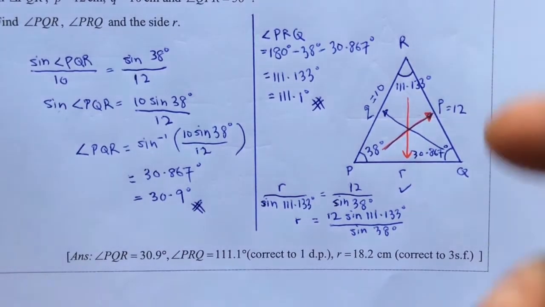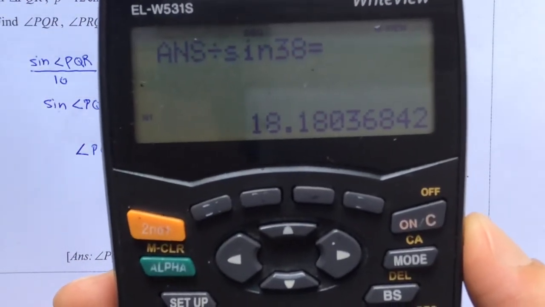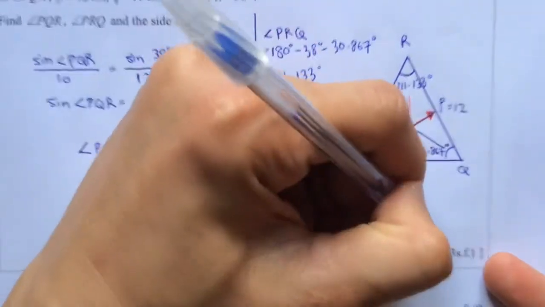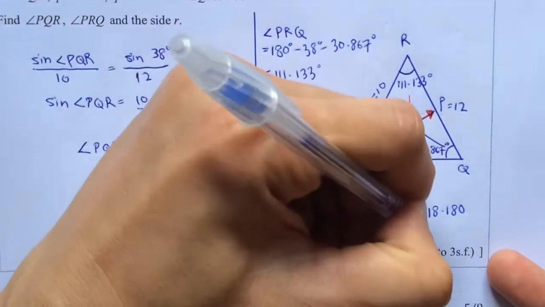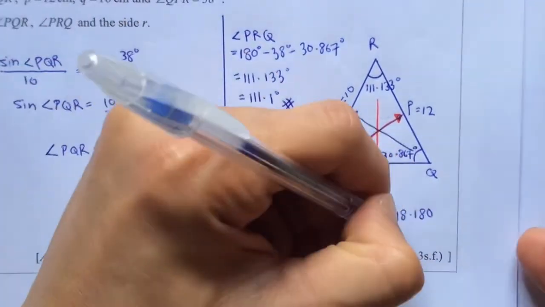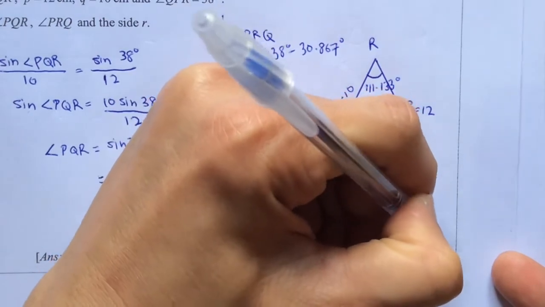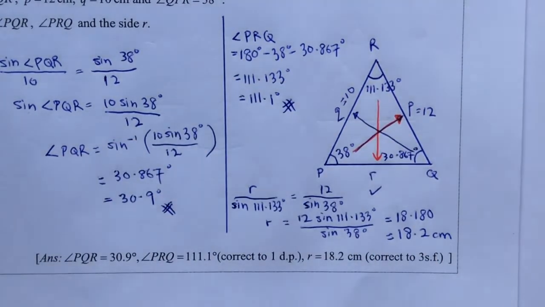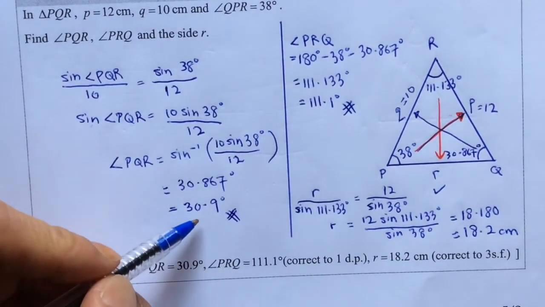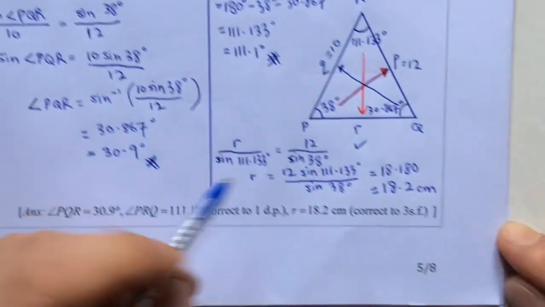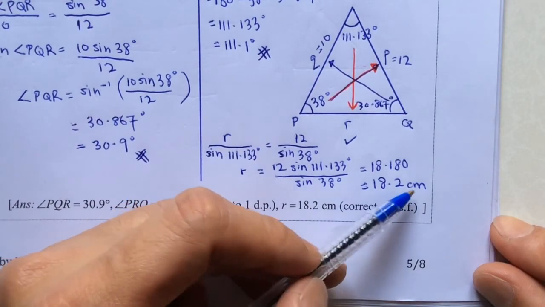And we have a value of 18.180. In 3 significant figures will be 18.2 cm. Again, just as a reminder, for angles will be one decimal place. For length, for the side r here, will be 3 significant figures.